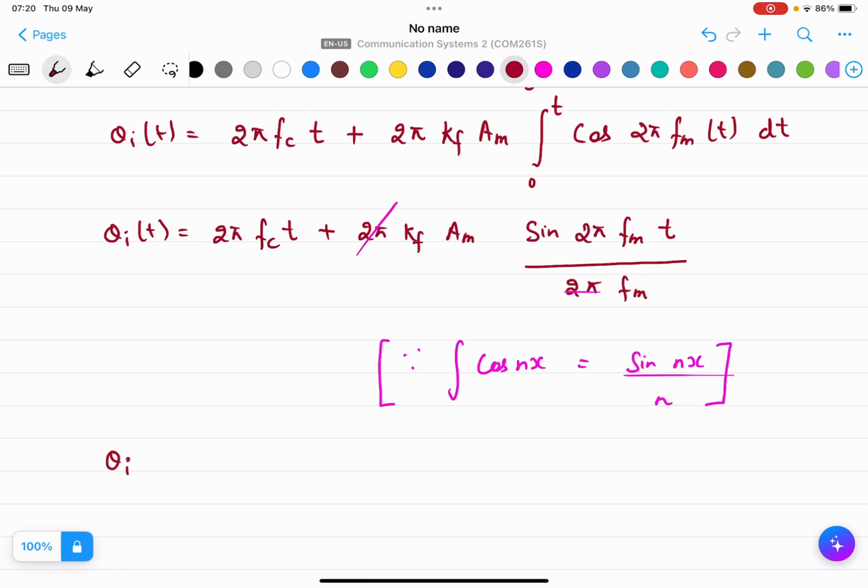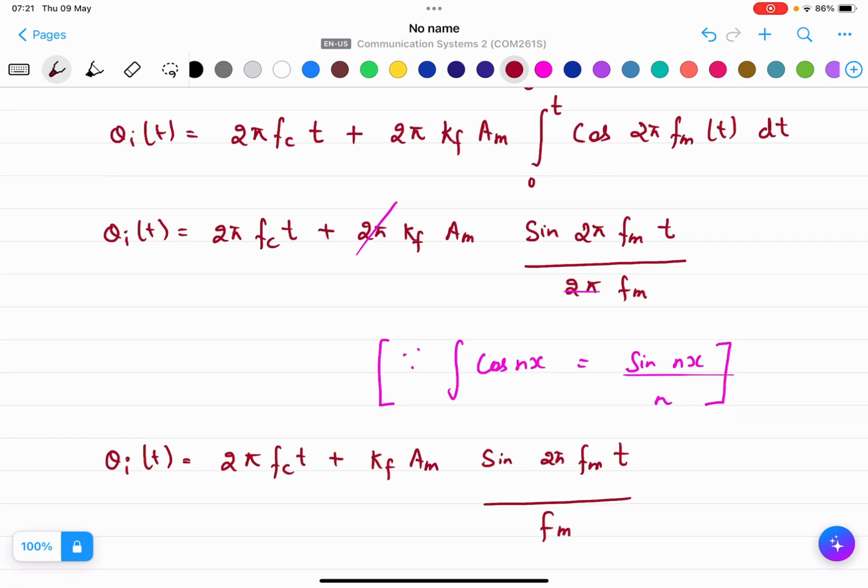It will be theta i(t) equals 2 pi fc t plus kf am sine 2 pi fm t over fm. Please remember, you cannot cancel this fm with this fm, because it is under the sine.